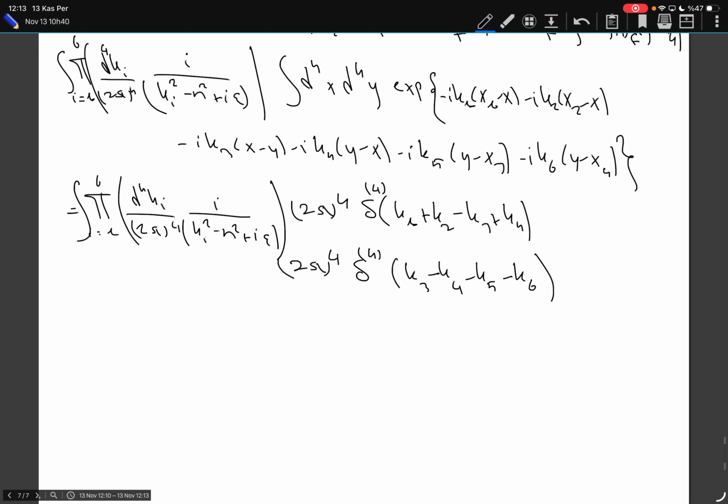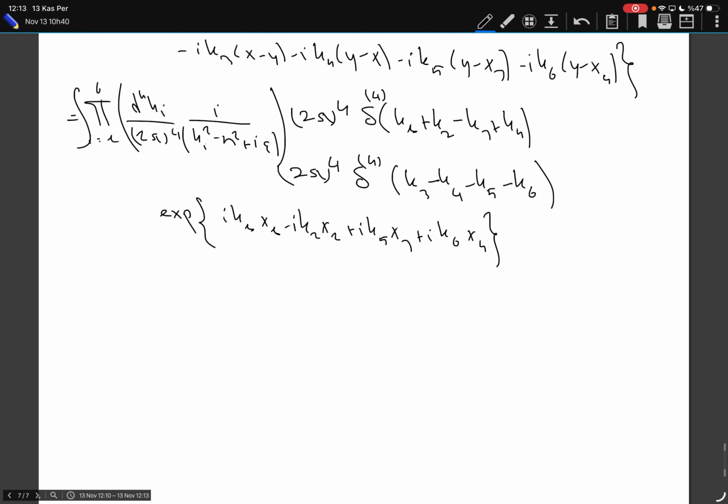And then what remains is the exponent: minus i k1 x1 minus i k2 x2 plus i k5 x3 plus i k6 x4. This is what is left.